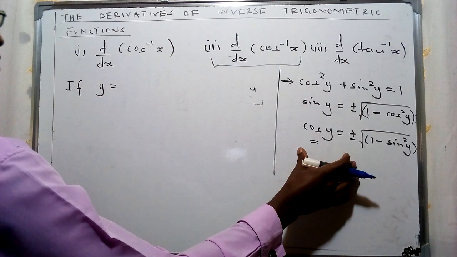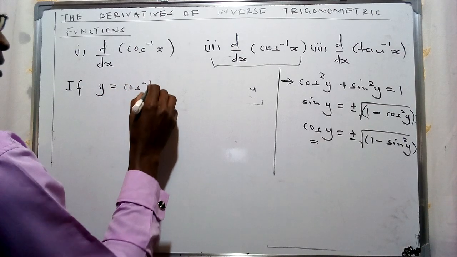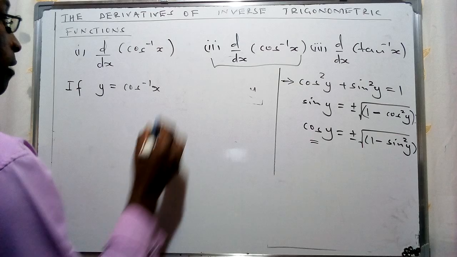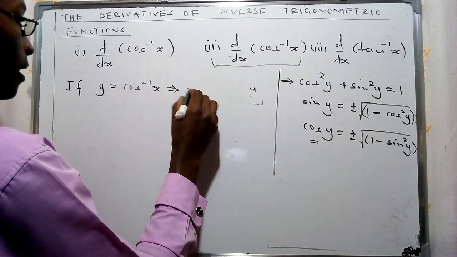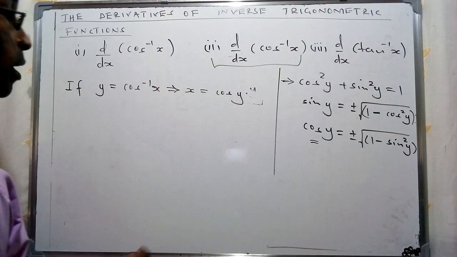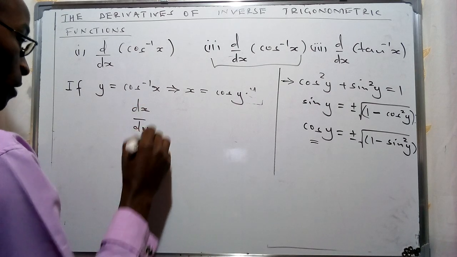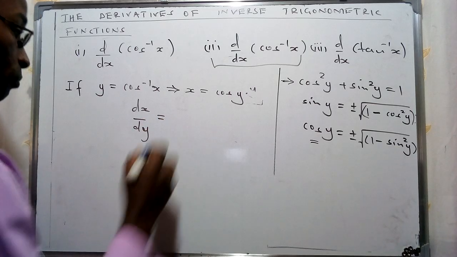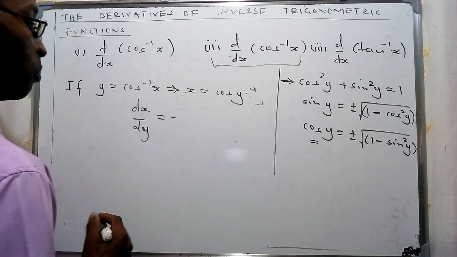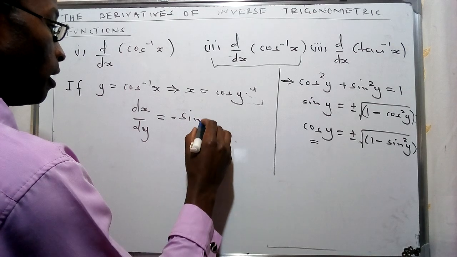So we're going to use the same relationship whereby we have y representing the cos inverse of x given as such. So this implies that x is a value which we are going to find as the cosine of y. So in this particular case, we are going to find dx over dy of this specific function, which is basically going to be given in terms of negative the sine of y.